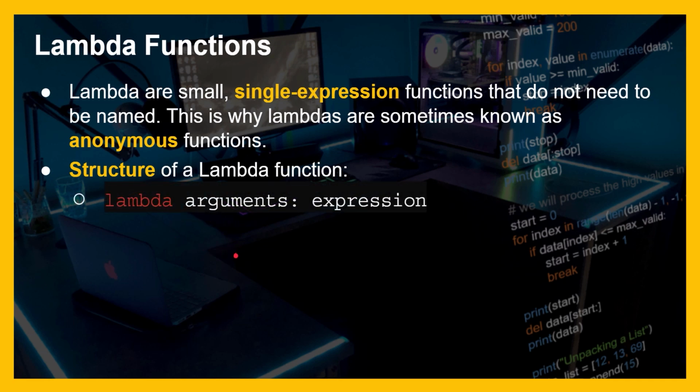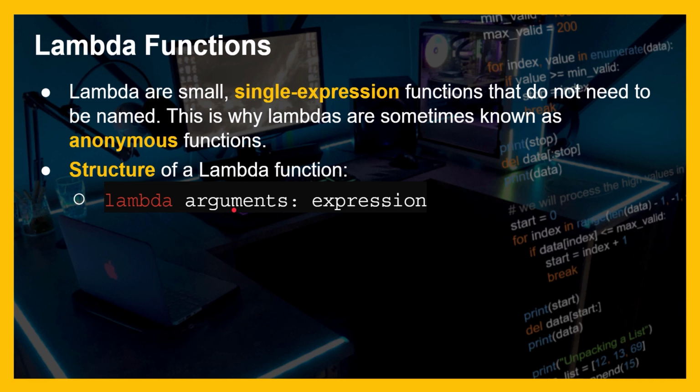So this is the expression. The Lambda's general form is the keyword lambda. If you know functions in Python, they start with def. This one, because it's Lambda, starts with the lambda keyword followed by one argument or multiple arguments and then the expression. So the arguments are the parameters that you pass to the function.